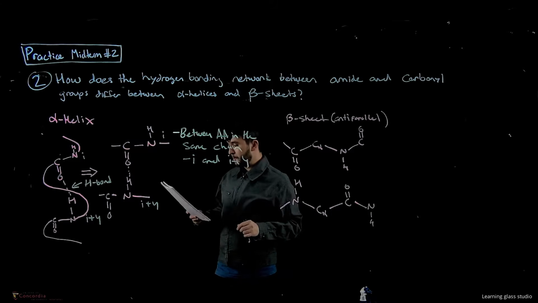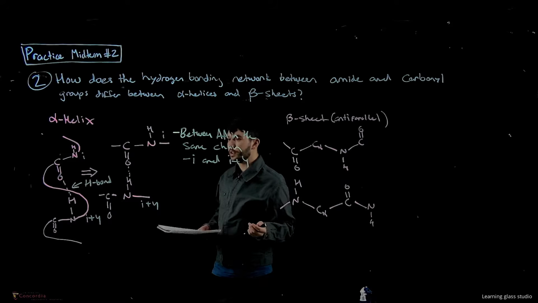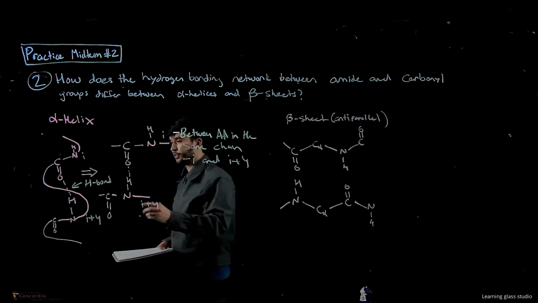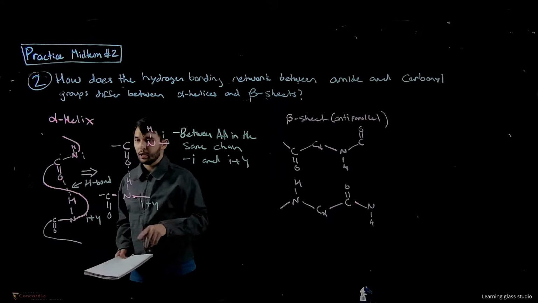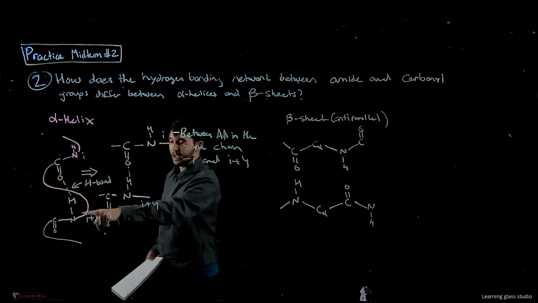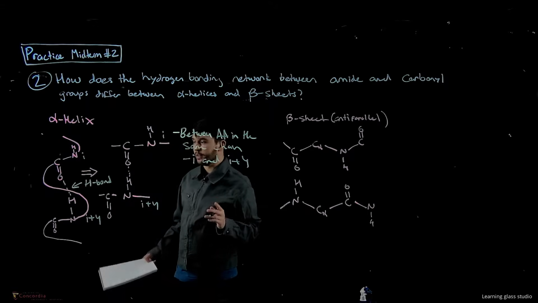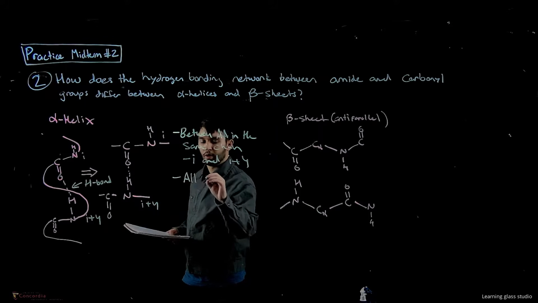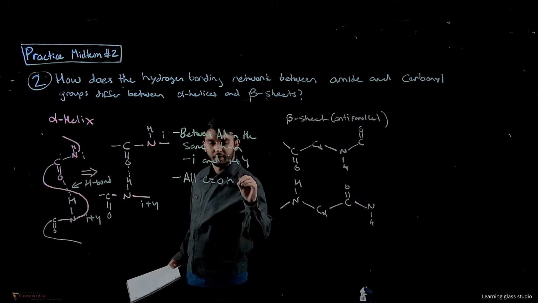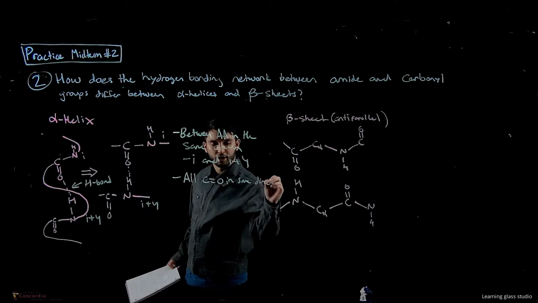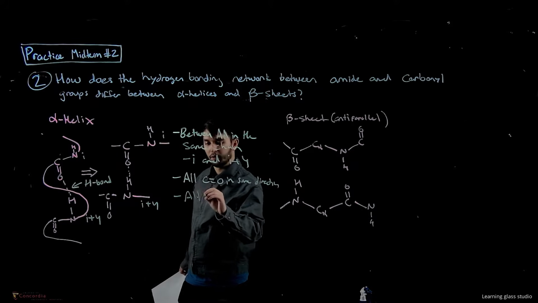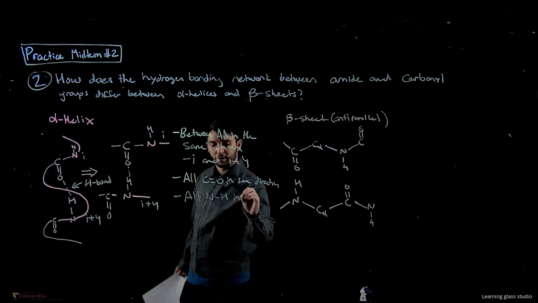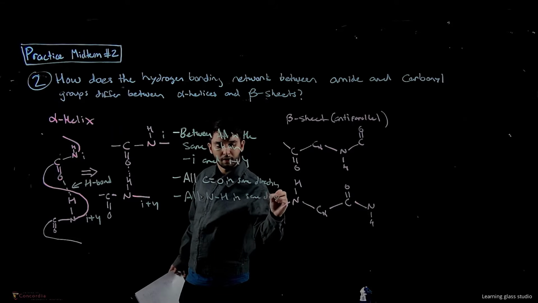The other thing to note here is that all of the carbonyls are going to point in the same direction, and all of the amide NH are going to point in the same direction as well. So all CO in the same direction, as well as all NH in the same direction.